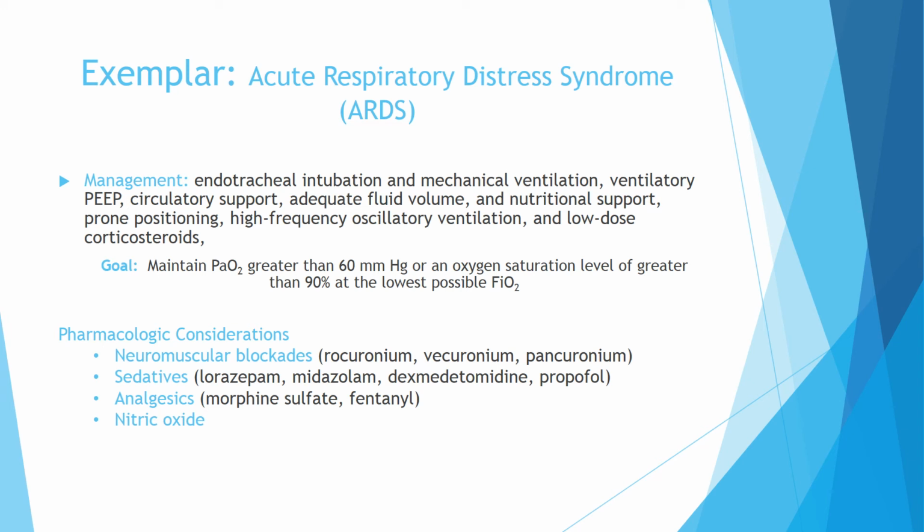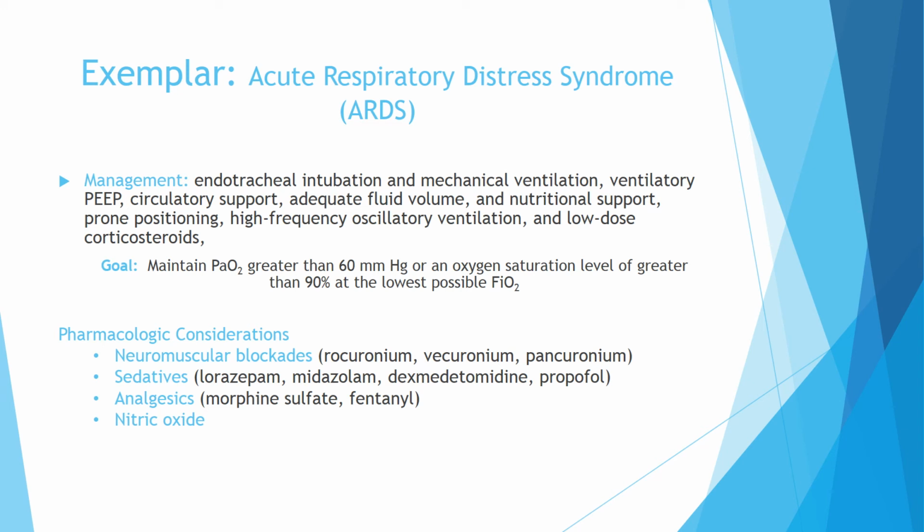Another thing, as you see listed there, is the neuromuscular blockades. These are paralytics. They paralyze patients. The reason you would possibly need these neuromuscular blockades or paralytics is because these patients are so hard to ventilate.